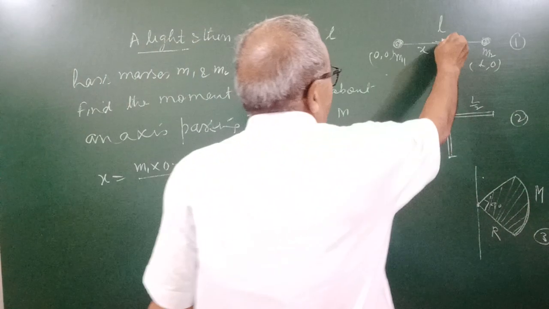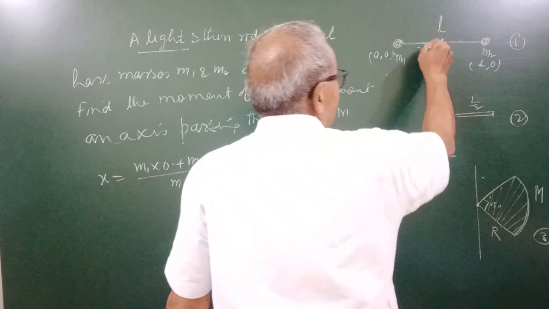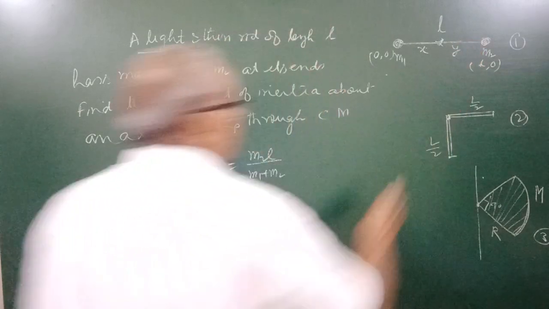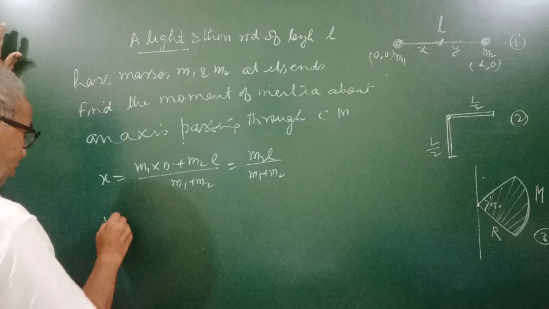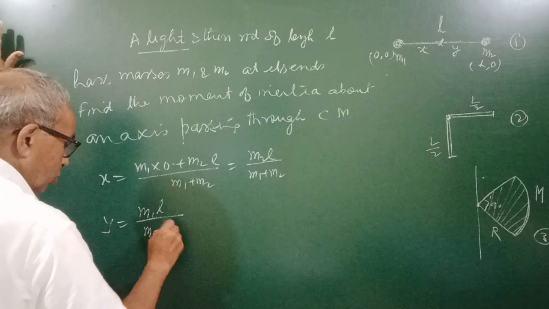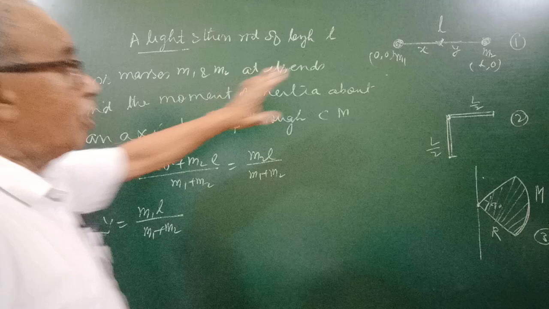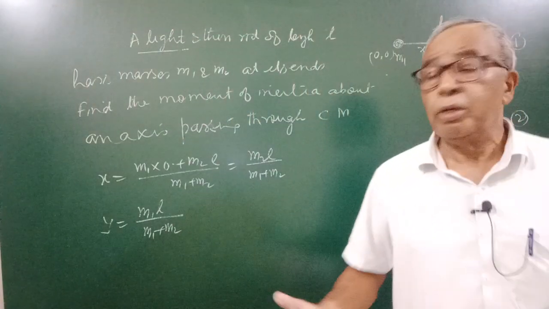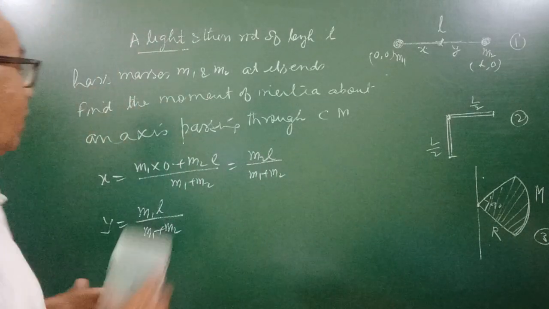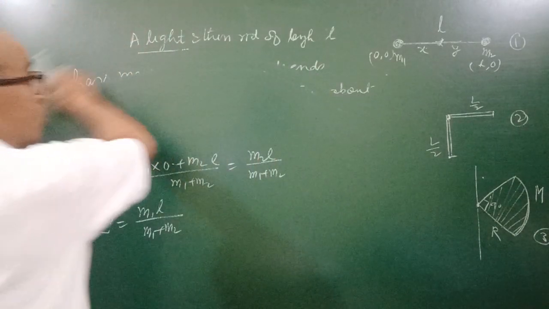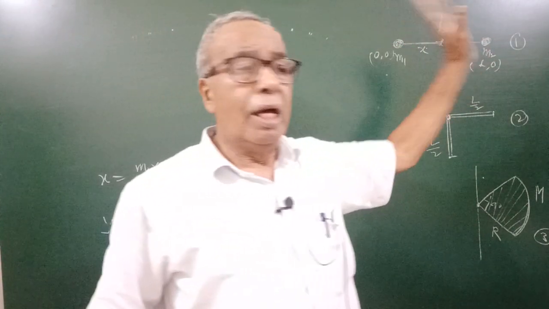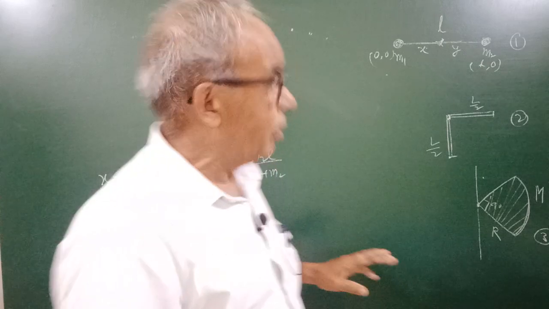Now we have to find the moment of inertia of this point, so it is similar. Suppose this is y, then the distance of m2 from the center of mass, y, will be m1L upon m1 plus m2. If without practicing these questions, you are given this, you will say this is a very tough question. And this fact is used in many questions: two masses are at a distance L or Y or Z, anything can be.